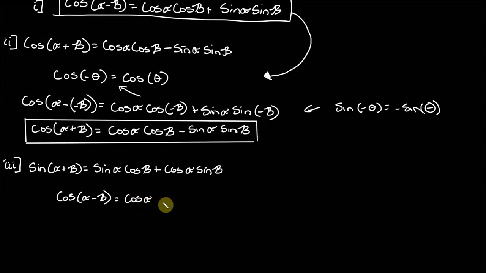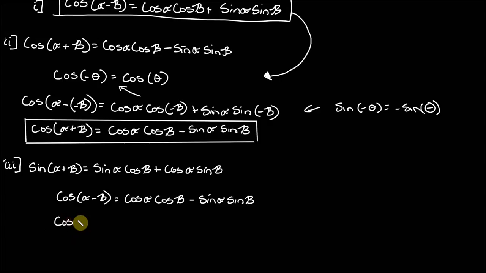So we'll go cos alpha cos beta minus sine alpha sine beta. We've already proven that this is true, and we're going to take this result from the first identity and replace alpha with pi over 2 minus alpha.